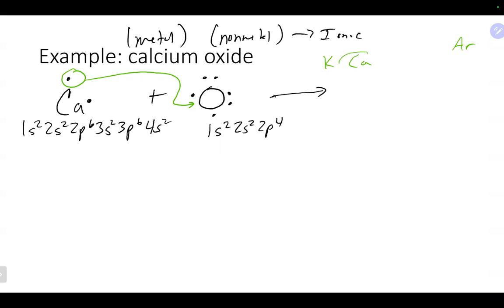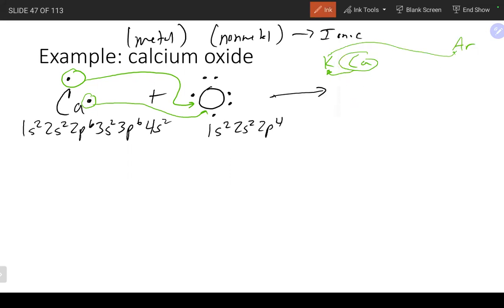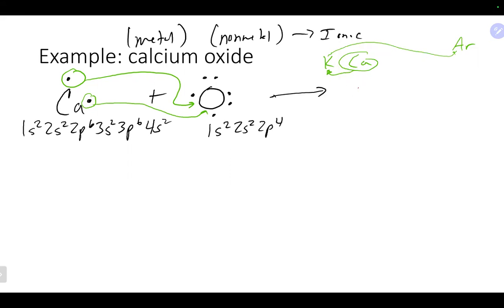If calcium gives away just 1 electron, it backs up to only potassium, which is not a noble gas. So it's definitely going to want to give away both of its electrons so that it could go 1 more step there. And that's okay because oxygen could accept both electrons. It's got a spot for both of those guys to come in. And when that happens, at that point, our calcium now will become positively charged.